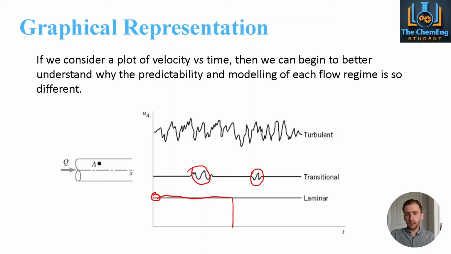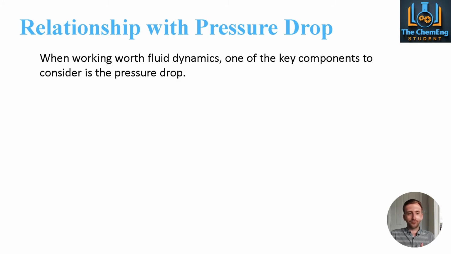And when we get to turbulent, you can see it is clearly impossible to create a predictable model for turbulent flow. Because, for example, if we were at this time here, then our velocity would tend to this value. But yet if we come here, or indeed here, at a lesser time, then our velocity is even greater. So the predictability is not there.